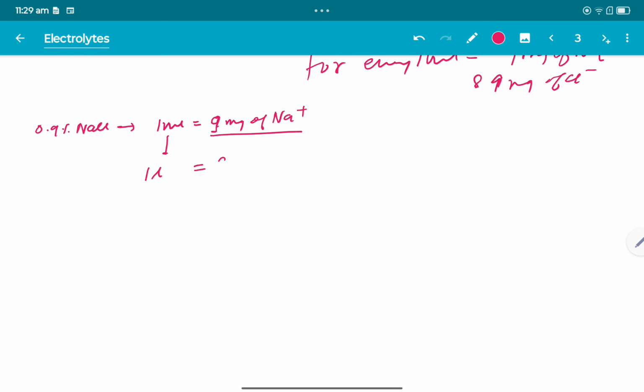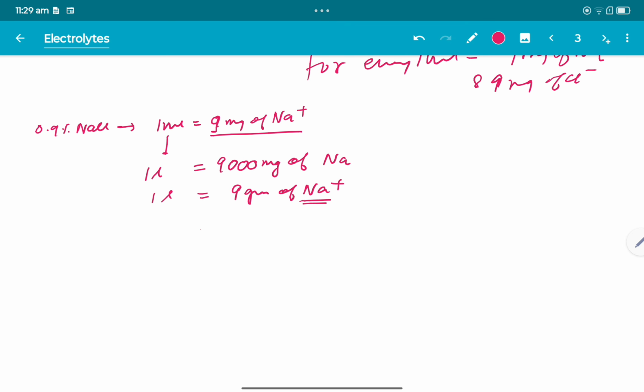will have 9,000 milligram of sodium. Okay, yes, you can write 1 liter will have 9 grams of sodium.